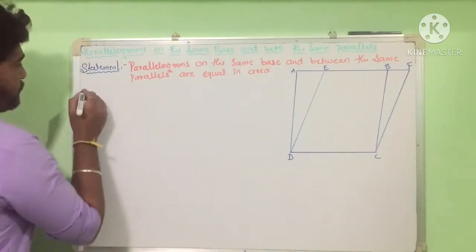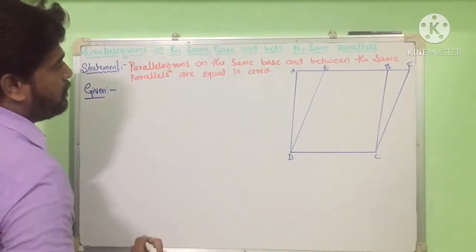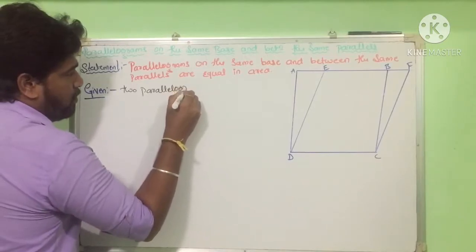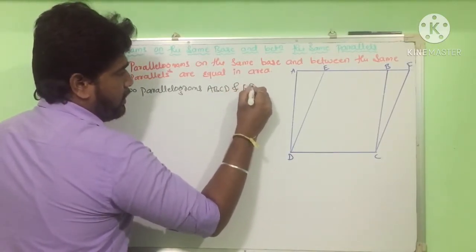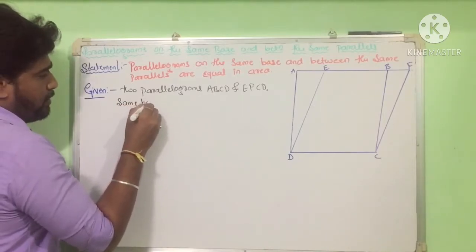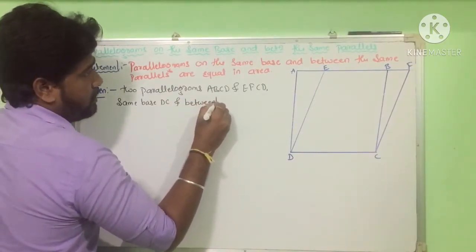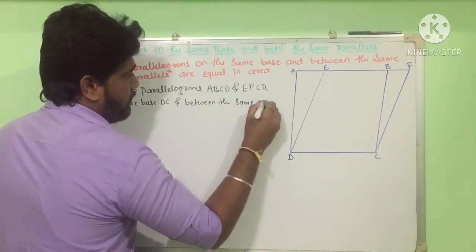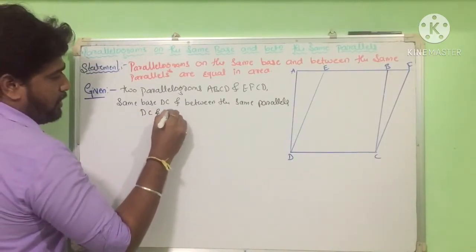So first write down Given: two parallelograms ABCD and EFCD, same base DC and between the same parallels DC and AF, right?